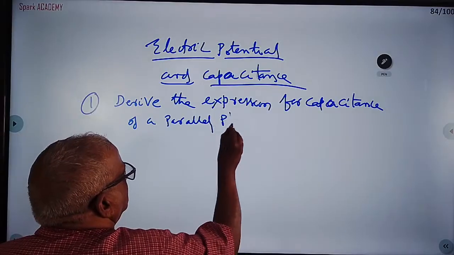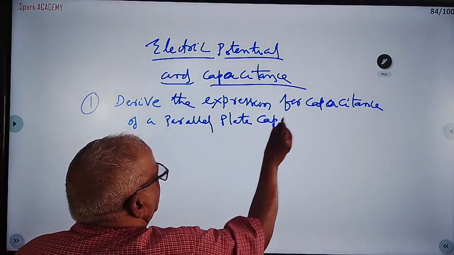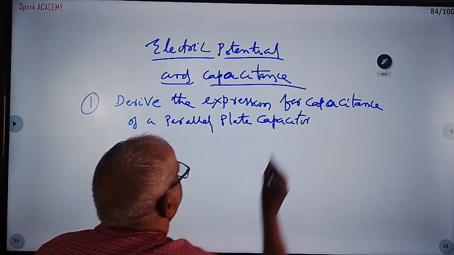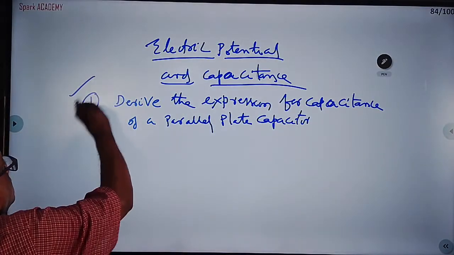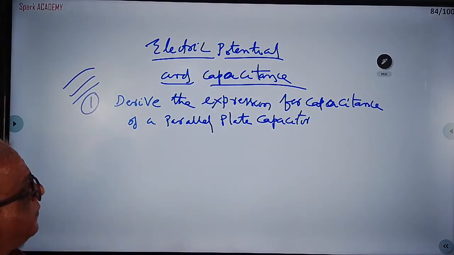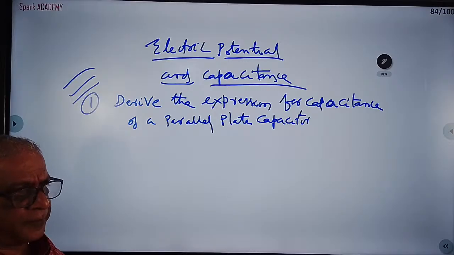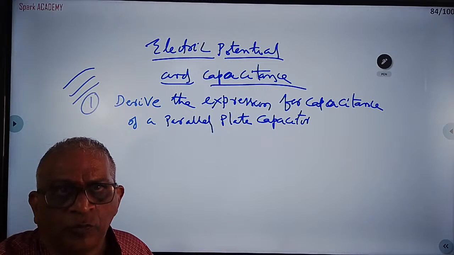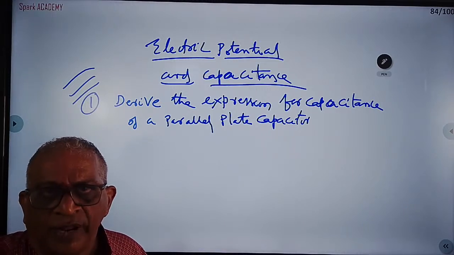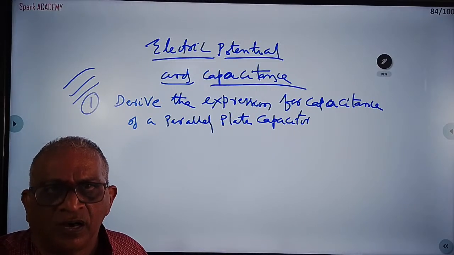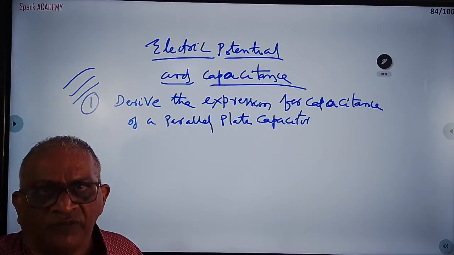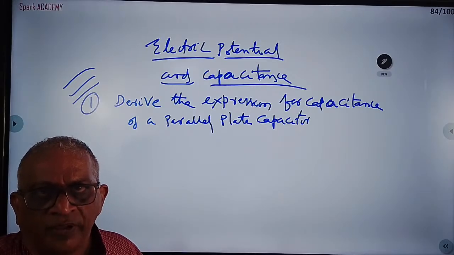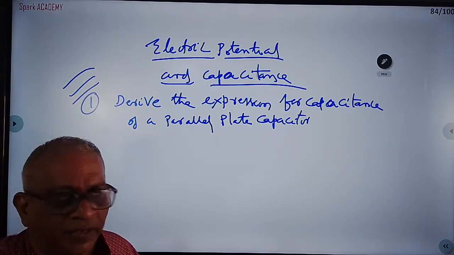This is asked a number of times. By definition, capacitance is given by charge by potential, students. Remember: if you give charge to a conductor, potential rises. Charge is directly proportional to potential. Charge Q is equal to CV, C is equal to Q by V.